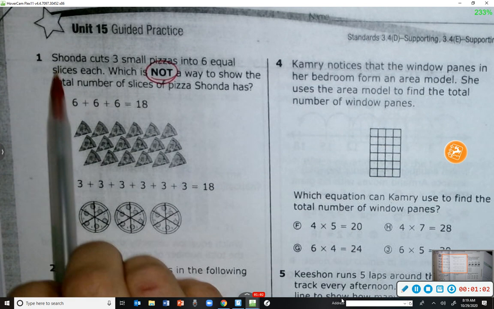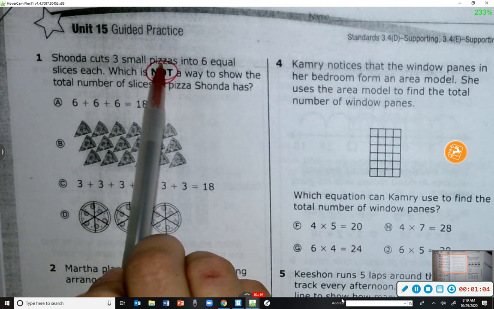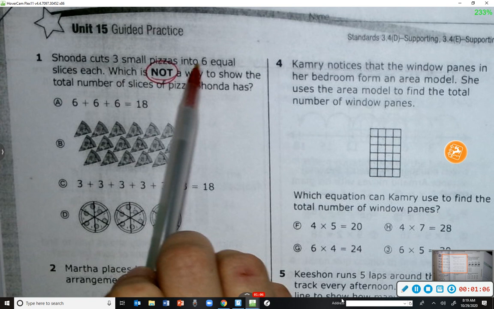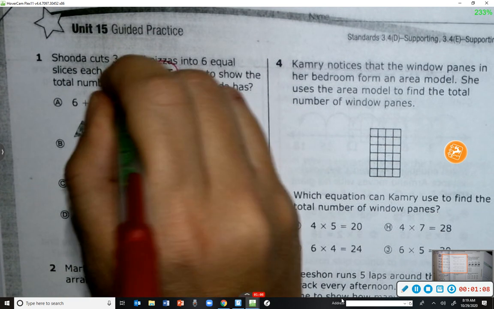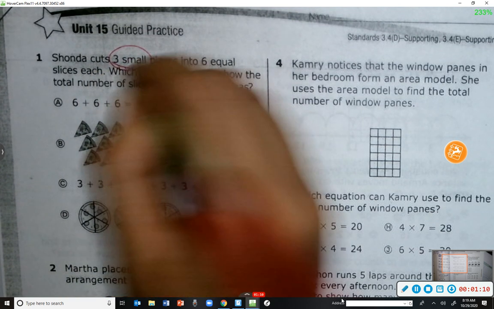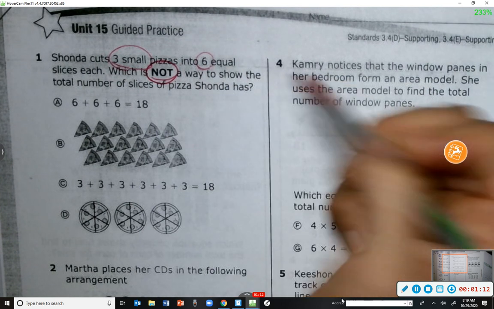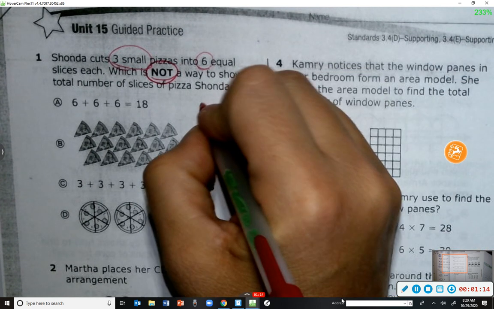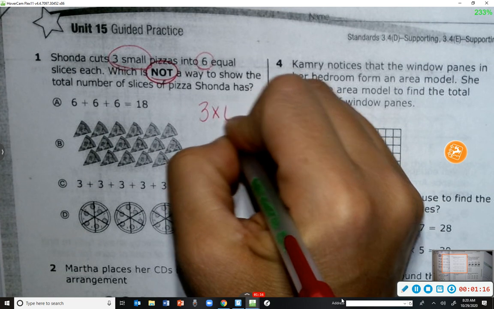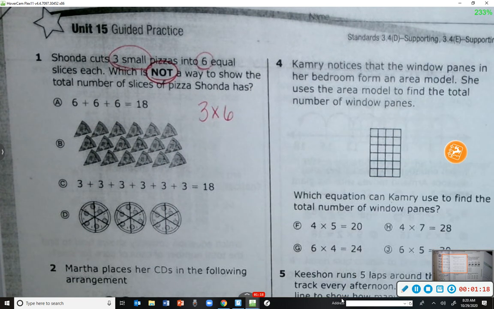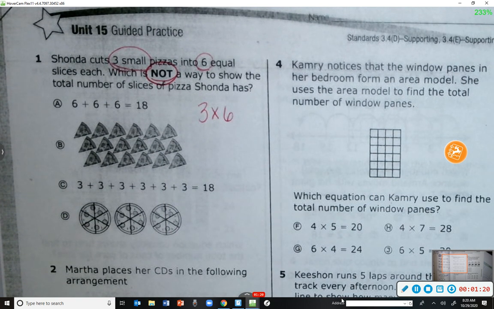Well, let's go back, and she says she has 3 small pizzas cut into 6 slices. So does that sound like 3 groups of 6? Yeah, 3 groups of 6. 3 groups of 6 means 3 times 6. You have 6 in each group, right?